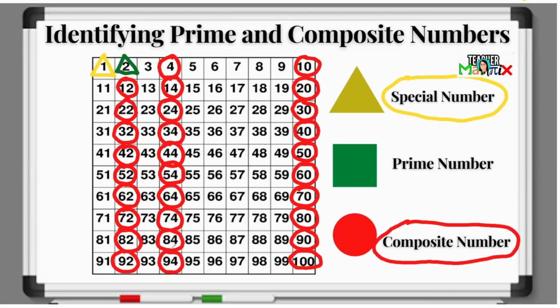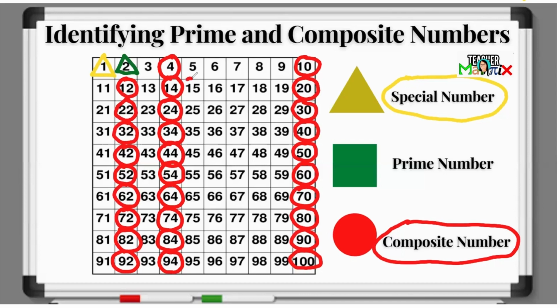Now, with a double-digit number that have 5 in one's place, of course, it is always divisible by 5, except 5, because 5 is a prime number. But if you include that in a double-digit number where 5 is in one's place, then that is already a composite number.